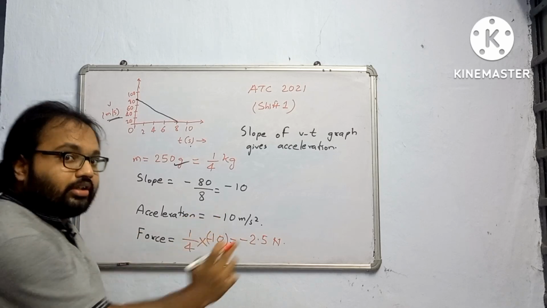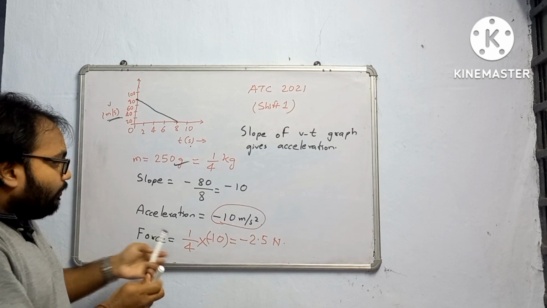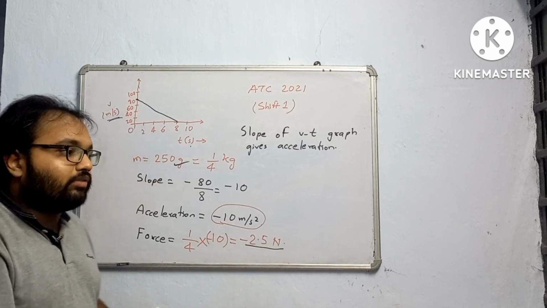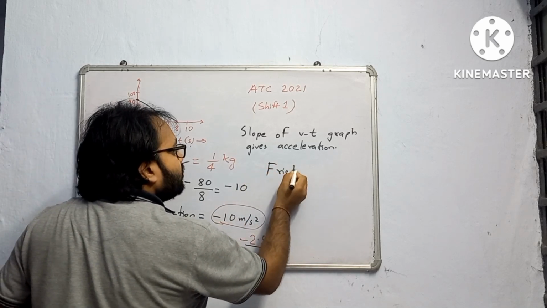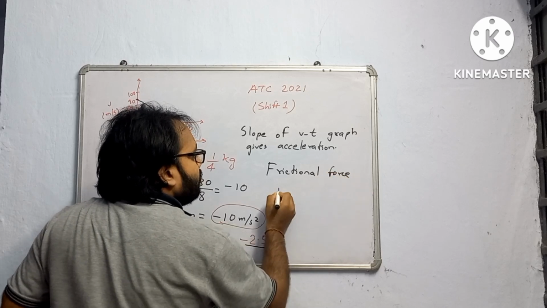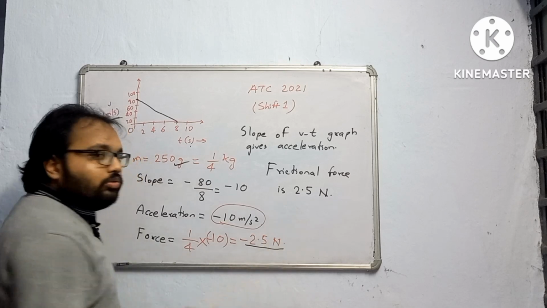So acceleration is minus 10 meter per second square and force is minus 2.5 Newton. Remember that frictional force is not negative. Frictional force is 2.5 Newton. Do you know why?